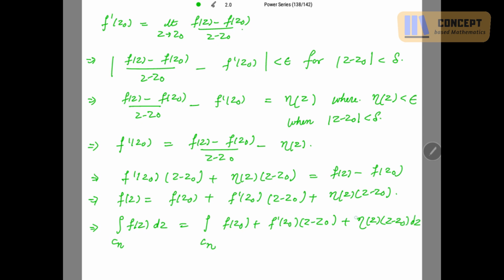I am taking the integral over each term here, taking these together and taking the integral over this term.